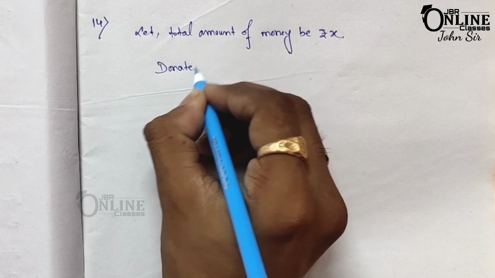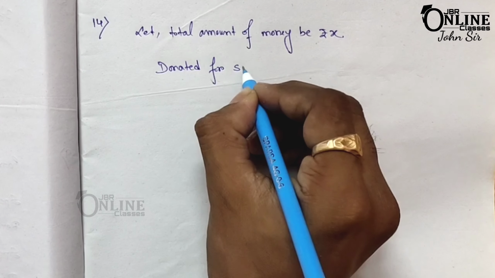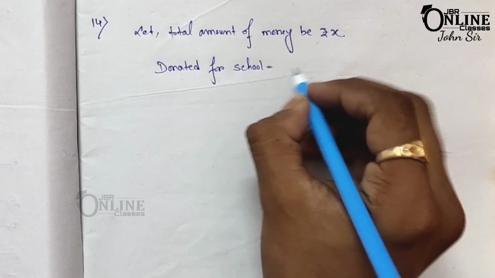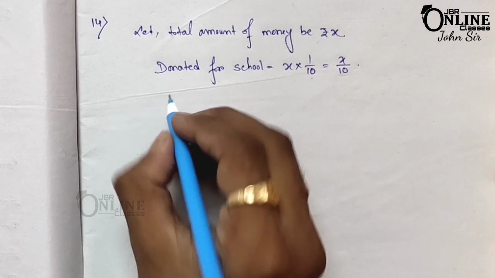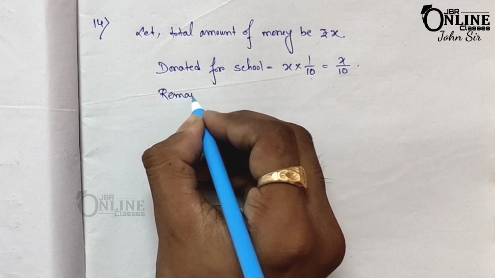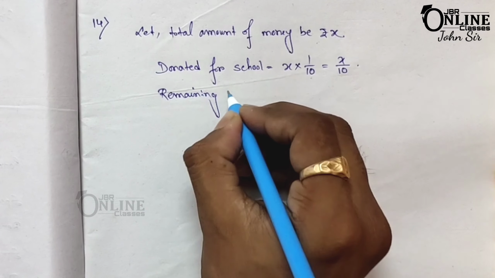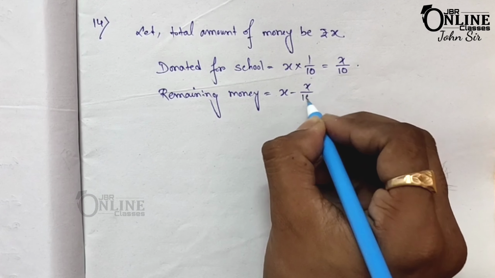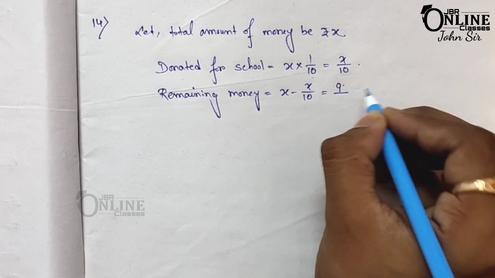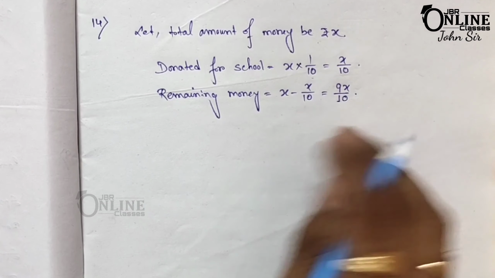So donated for school is x into 1/10, so x by 10. Now the remaining money equals x minus x by 10, and that equals 9x by 10.